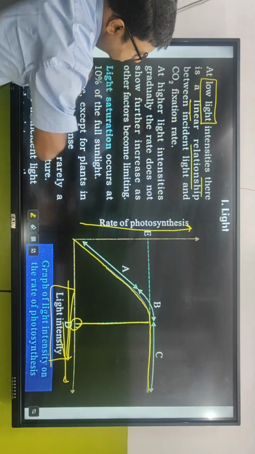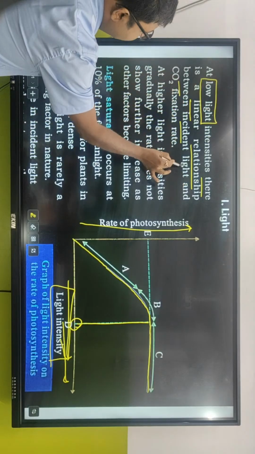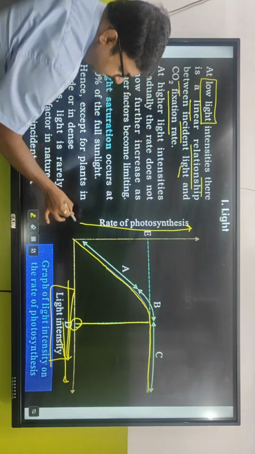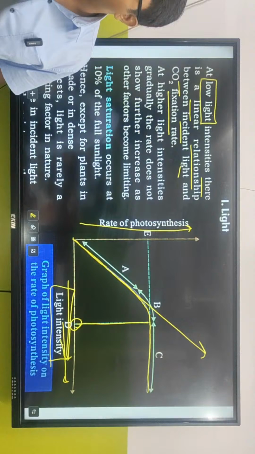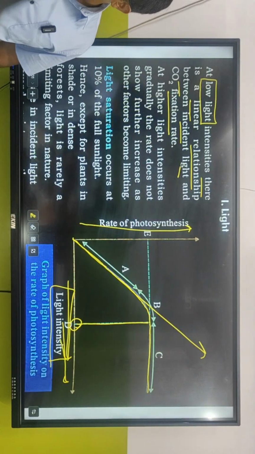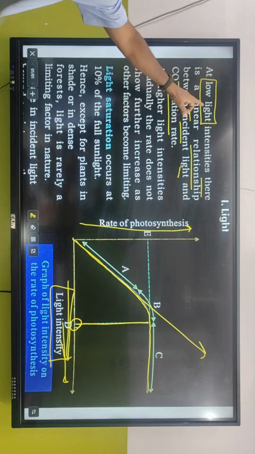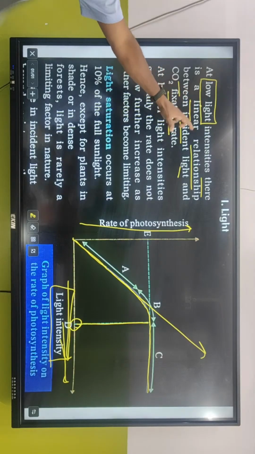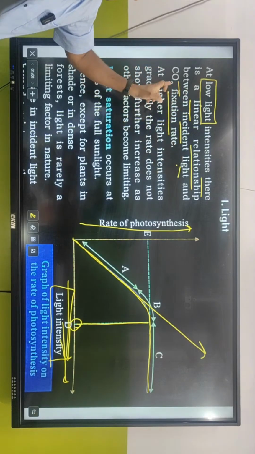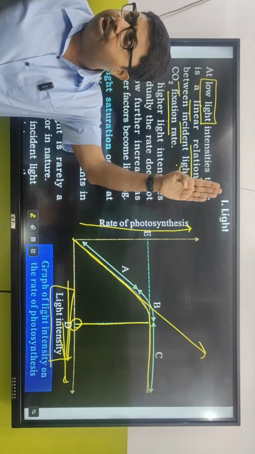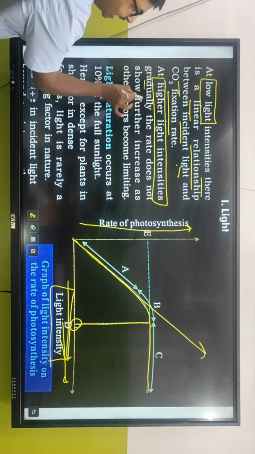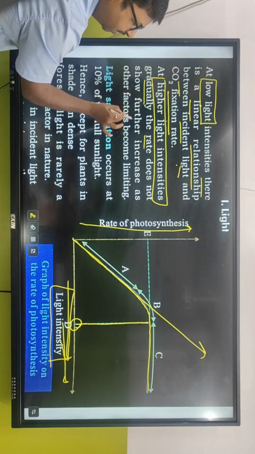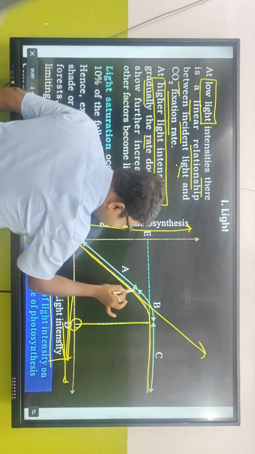Okay, now at low light intensity, again I repeat, at low light intensity there is a linear relationship between incident light and carbon dioxide fixation rate. কি রে, low light intensity তে এরকম ভাবে গ্রাফটা হয়ে যেত। In low light intensity there is a linear relationship between incident light and carbon dioxide fixation rate. But at higher light intensities gradually the rate does not show further increase. তাহলে এইটা কিসে দেখাচ্ছে?